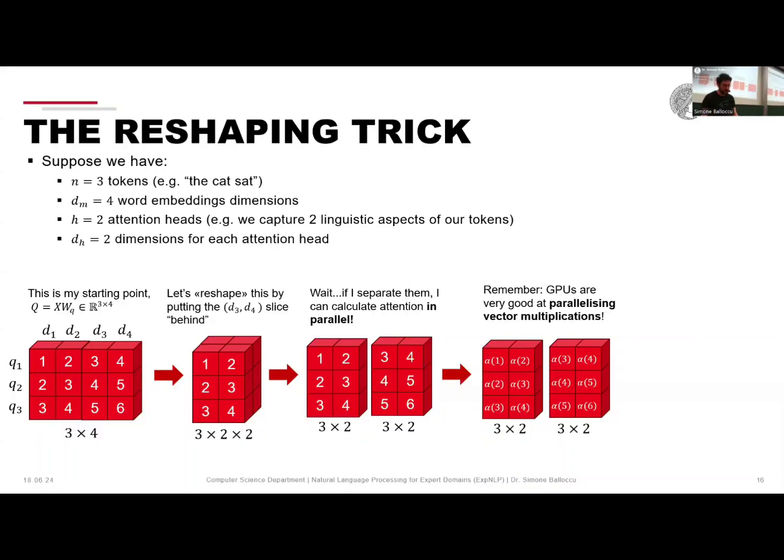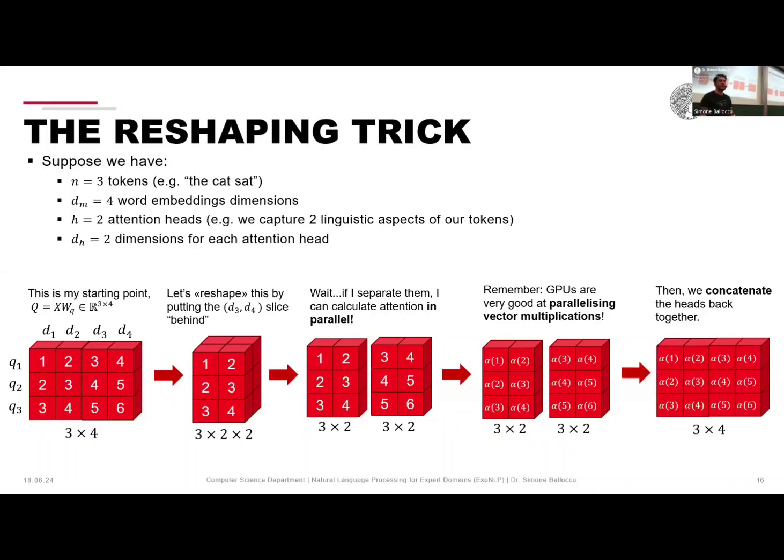At the end, I merge this and calculate my full attention matrix. But that attention matrix doesn't contain a softmax calculated over all the 4 dimensions. It's the concatenation of multiple softmaxes. In this case, it's only 2 heads, but imagine I have 10 heads. For each token, I calculate 10 different ways it interacts with each different token. Then it becomes much more powerful.